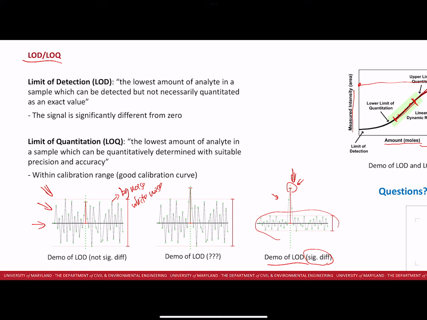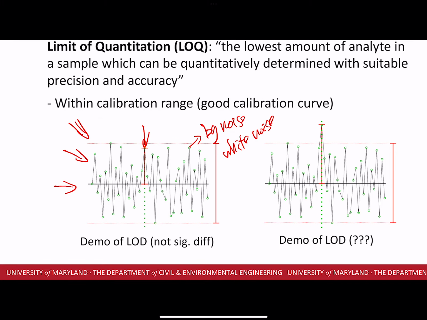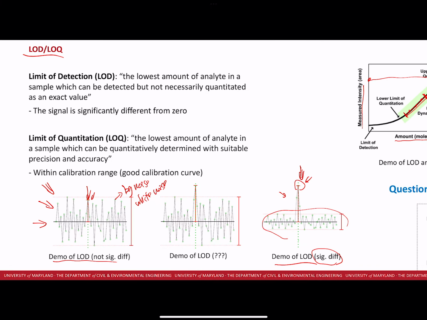But in this case, we have a signal here. This is very small, and it is not significantly different from the white noise. So we have no idea about its real concentration. Or we can say we have no idea if this signal is due to the sample or just because of the white noise. So we don't know any information about the concentration.